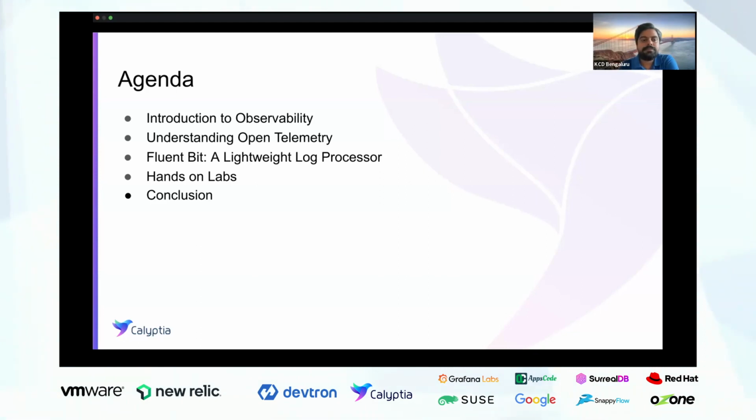We'll talk more about that. Then Fluentbit, a lightweight log processor, and then some hands-on labs. I don't think it should take more time, but if you have any questions, we will be able to help you out on the fly.